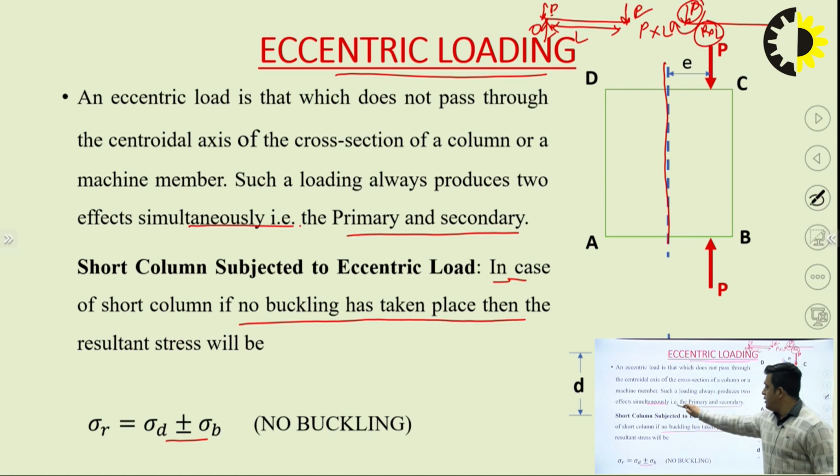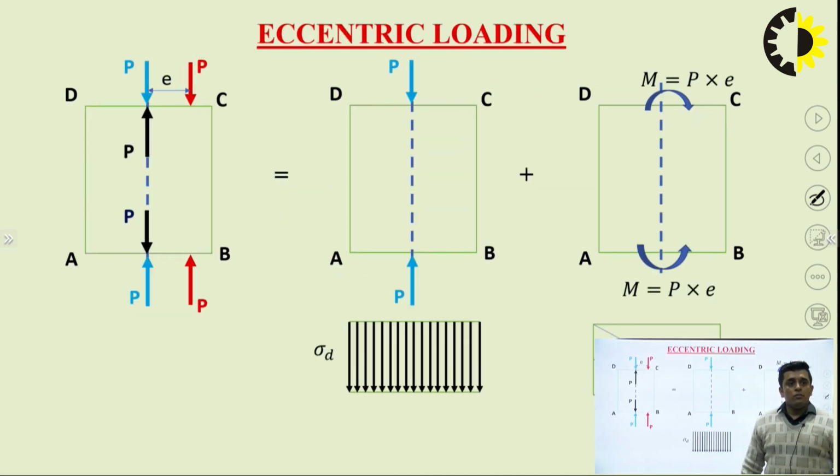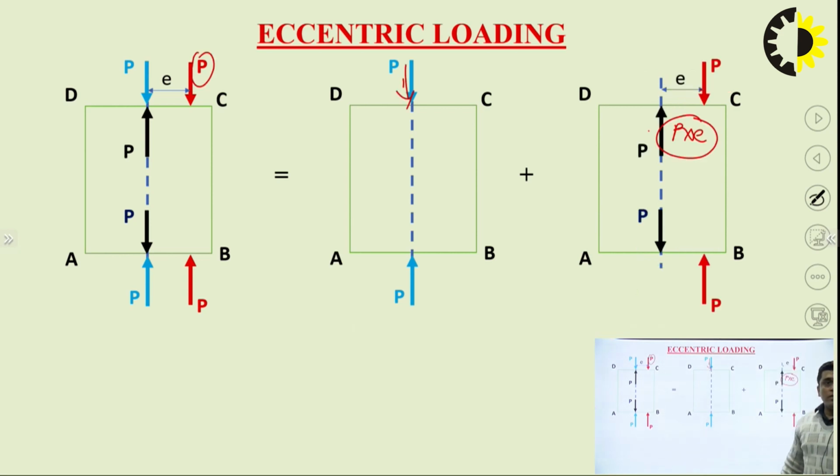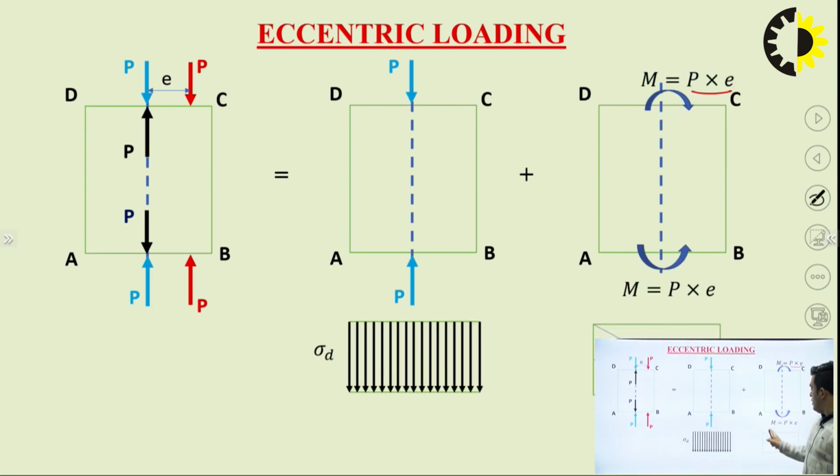The effect is primary and secondary. So now this diagram is showing the variation of stress. Now this moment is replaced by P into E. See, in the previous slide I was writing this P into E. Now in the next slide I have got this P into E. This moment is P into E. This is a linear variation.